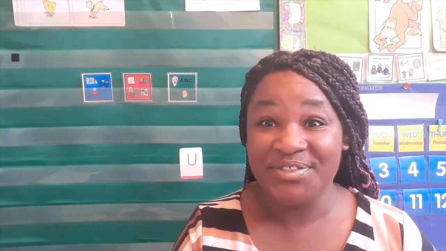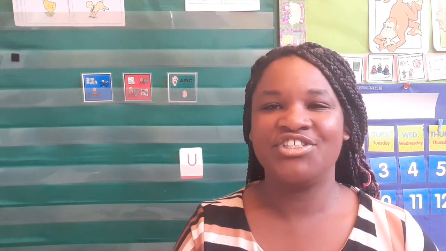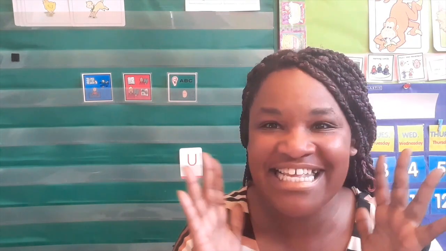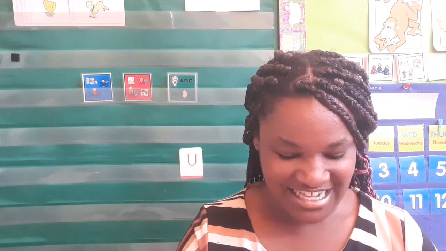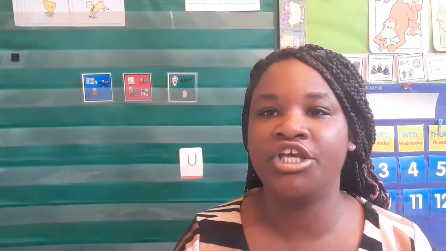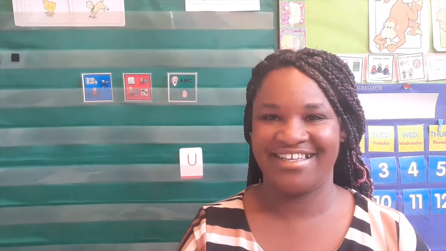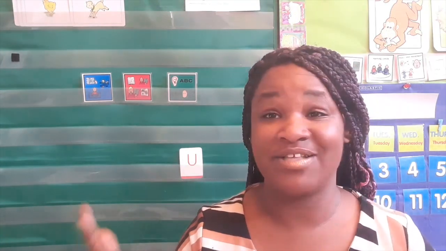January. Did you hear a U sound in that word? U. It's in the middle. All right, let's do another one. Cute. Cute. Did you hear a U sound when I said the word cute? U is in there. All right, you guys, I think that's all we have time for today.